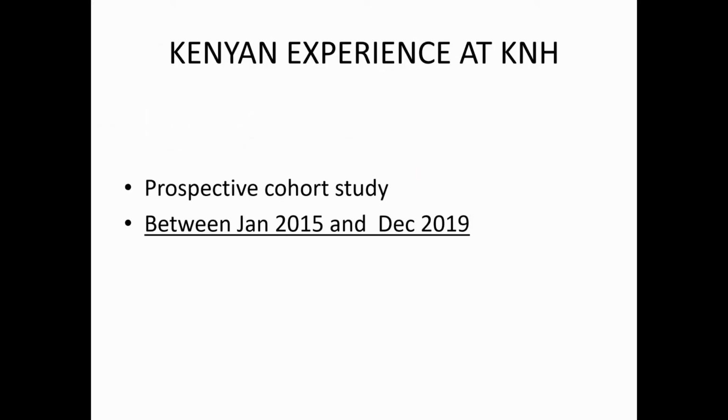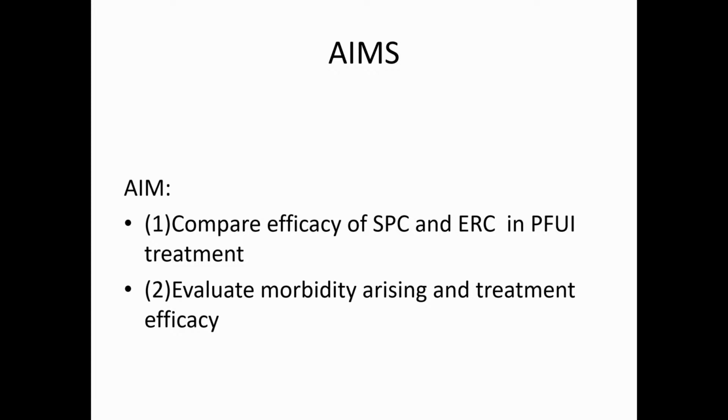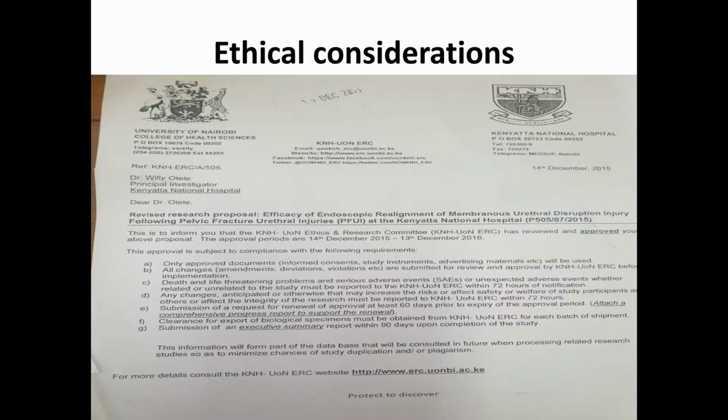It aims to compare the efficacy of SPC, suprapubic catheterization, and endoscopic management in pelvic fracture urethral injury, and to evaluate the morbidity that arises and the treatment efficacy of that morbidity that arises from pelvic fracture urethral injury. Suffice to say that this study proposal was peer-reviewed and allowed at that time.